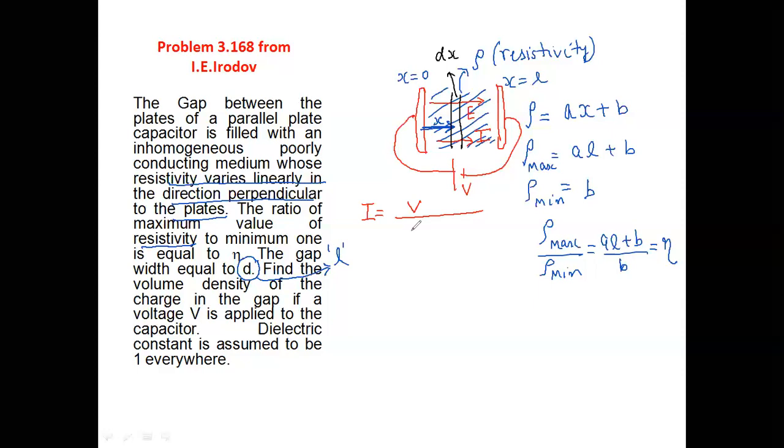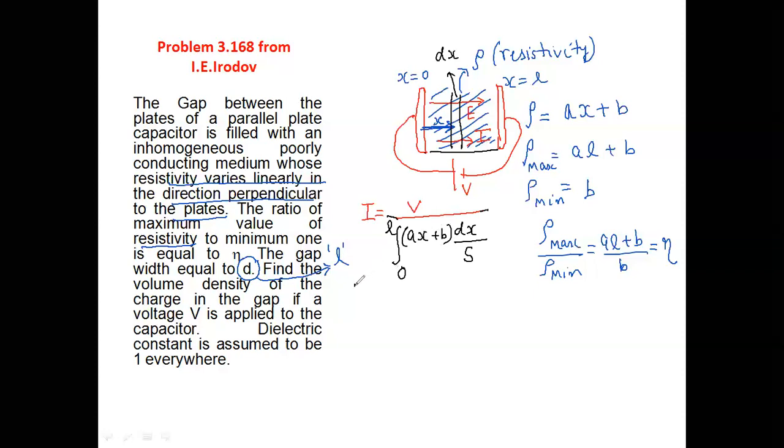So you will write rho, which is assumed to be ax plus b, times that elementary portion dx divided by the cross sectional area capital S, and then you will integrate this from 0 to L to have the total resistance of the medium. So by Ohm's law, current I will be the potential difference V divided by the total resistance between the two plates, which is obtained by the method of integration, by the calculus method.